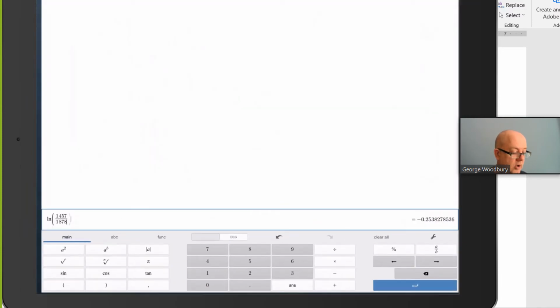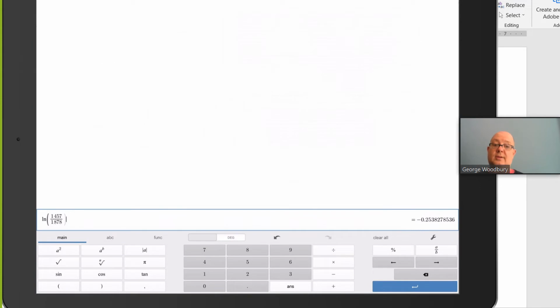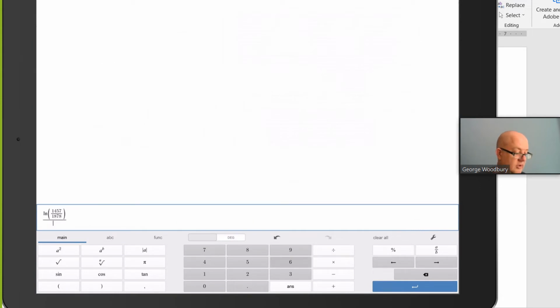And now I want to divide all of that by 62. So I tap outside the parentheses, divided by 62. And there we go. To 6 places, that's negative 0.004094.